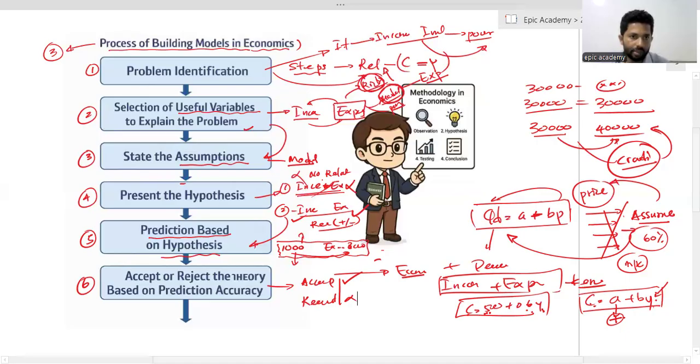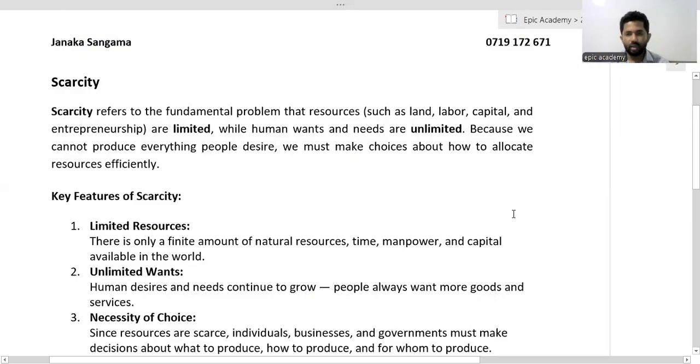The theoretical framework is already built up. Okay, just forget each and everything.